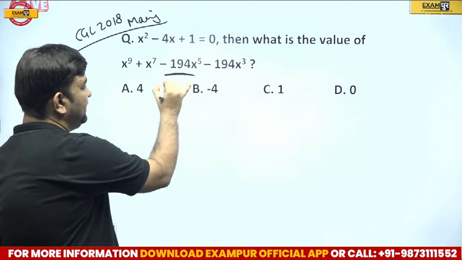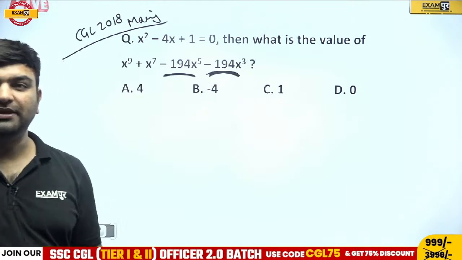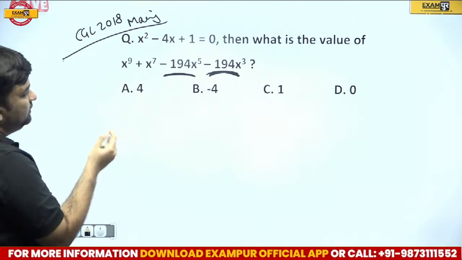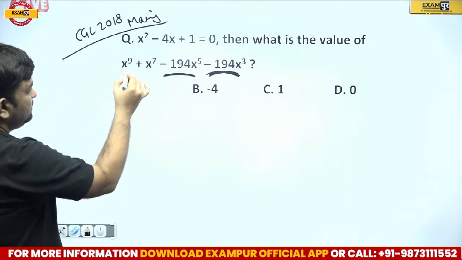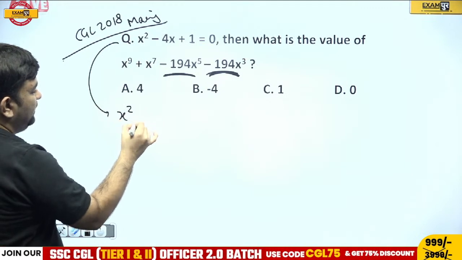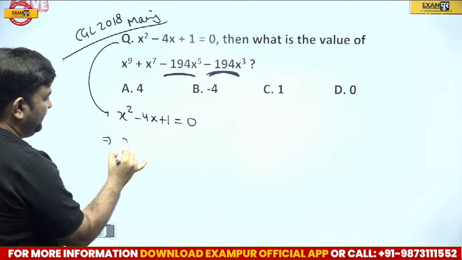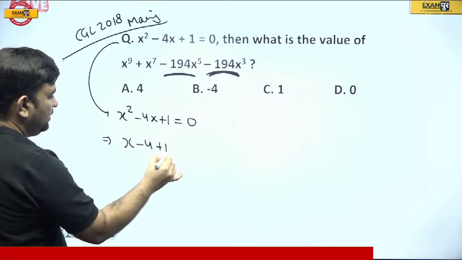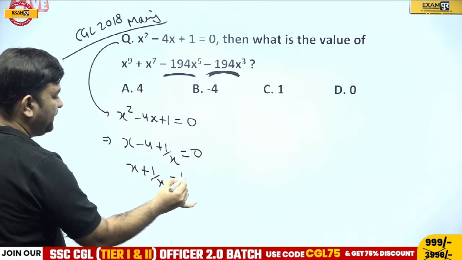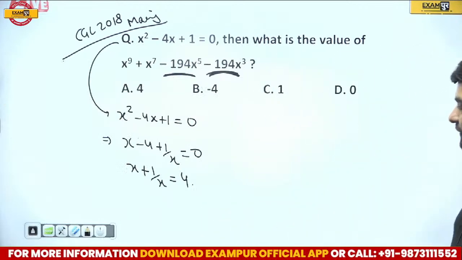This number says something. If I divide by x everywhere, then x plus 1 upon x will become 4.